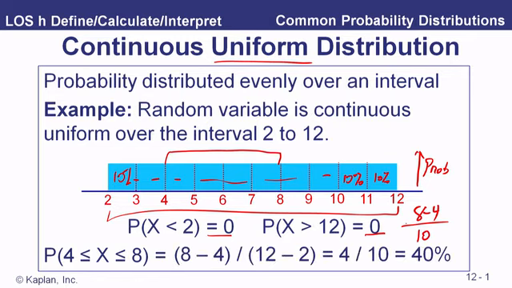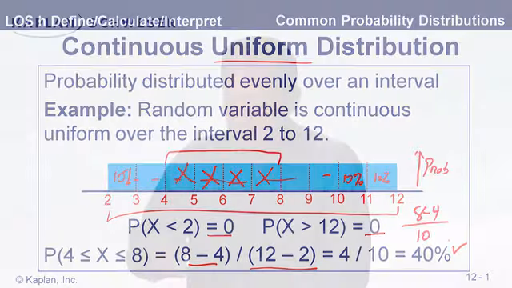Now we can formalize that a little bit, but here we've got 8 minus 4, 4 wide. We're looking for probabilities in this range, 4 wide over a total of 10 in our range. We get 40% is our probability of x taking on the values between 4 and 8. Now, one thing I should mention at this point, for a continuous distribution, the probability of any single outcome is 0.